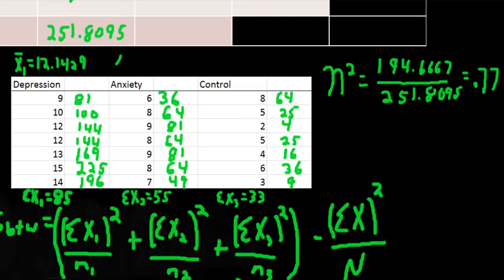Our mean for the anxiety condition is 55 divided by 7, which gives us 7.8571. And finally, for the control group, we get 4.7143.